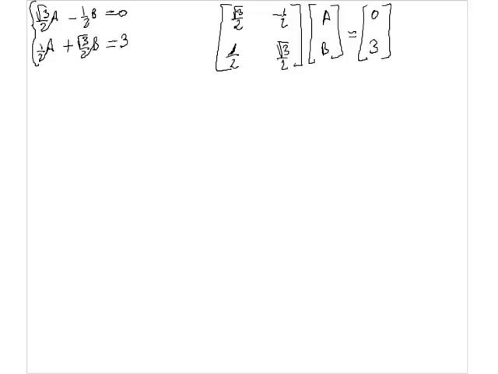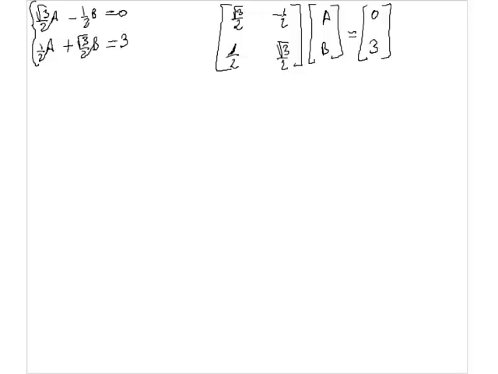So we need to refresh ourselves concerning the multiplication of matrices. If you have a 2 by 2, which is the first matrix, you multiply it by a 2 by 1, which is the A, B matrix, you end up with a 2 by 1, which is 0, 3.